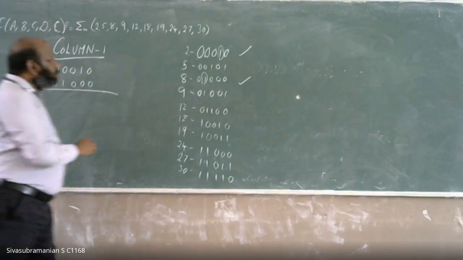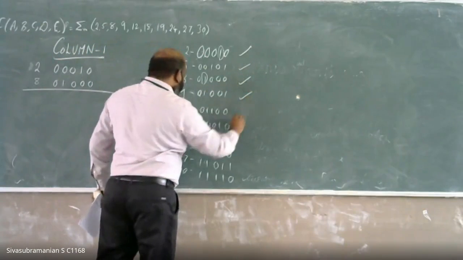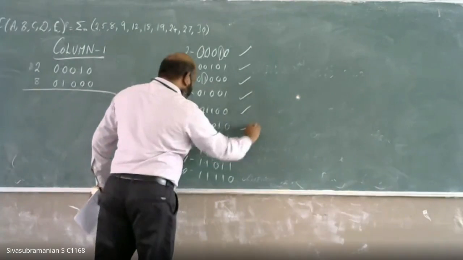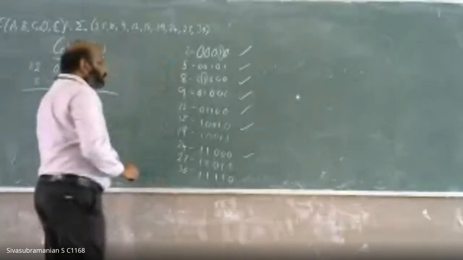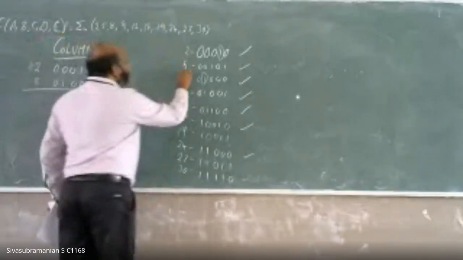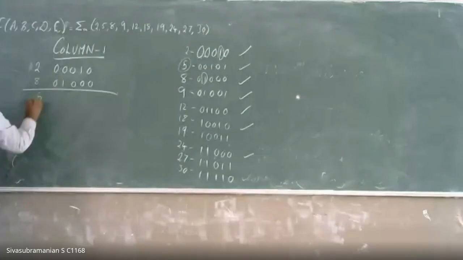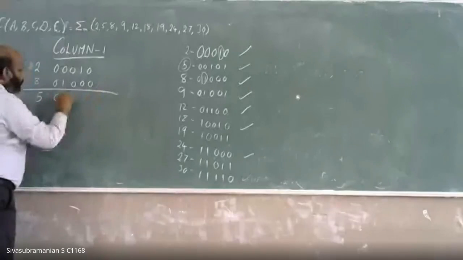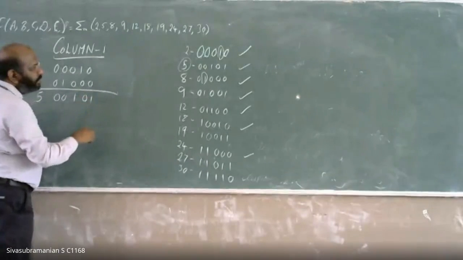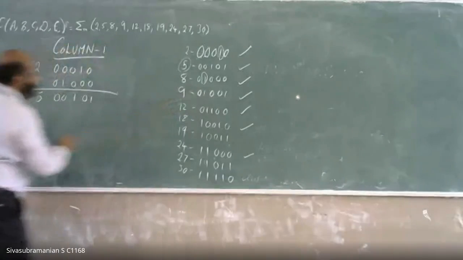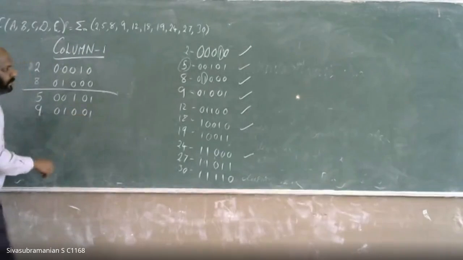Okay, and my second group is going to have two number of ones, which are 5, 9, 12, 18, and 24. Right? So 5 is represented as 00101, and that will be followed by 9, 01001.